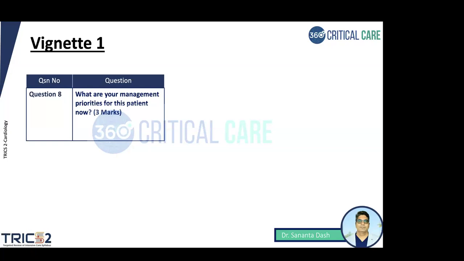Meanwhile, we can repeat our assessment, because maybe he had a second MI due to occlusion of the stent, and maybe he will require even CABG if, on reassessment, he is found to still have significant coronary artery disease.